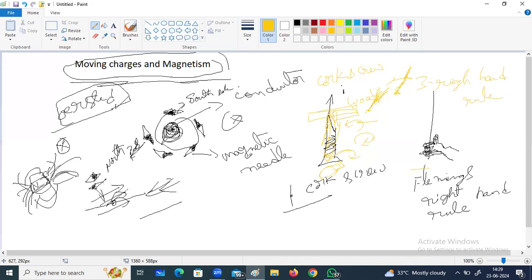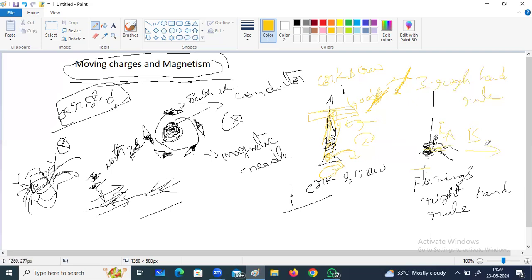The direction of current is indicated by the thumb, and the folded fingers indicate the direction of magnetic lines of force, that is B. The thumb shows the direction of the current, and the fingers show the magnetic lines of force B in this direction.